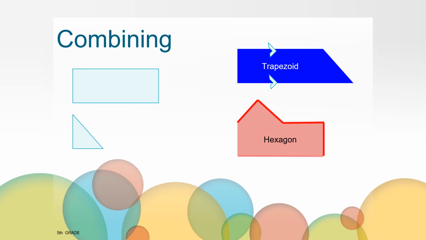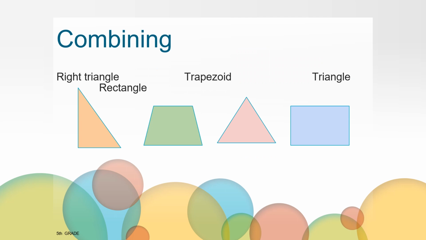We know it's a hexagon because the new shape now has exactly 6 sides. Use 2 or 3 of these shapes to create a new polygon. Draw it on your paper.